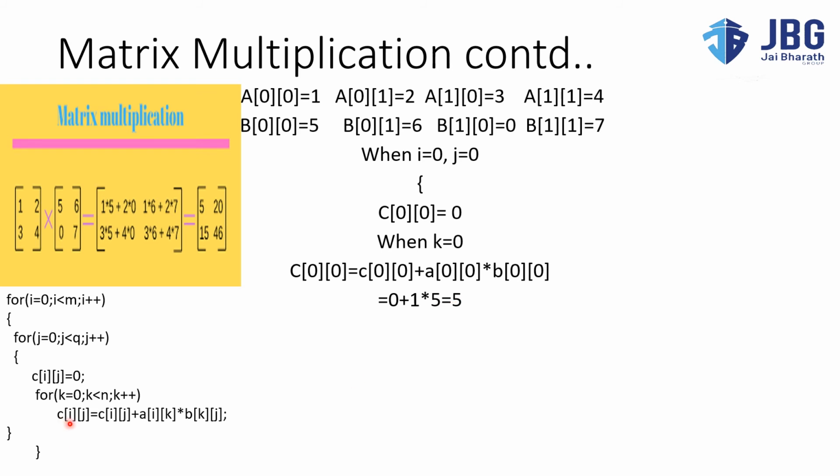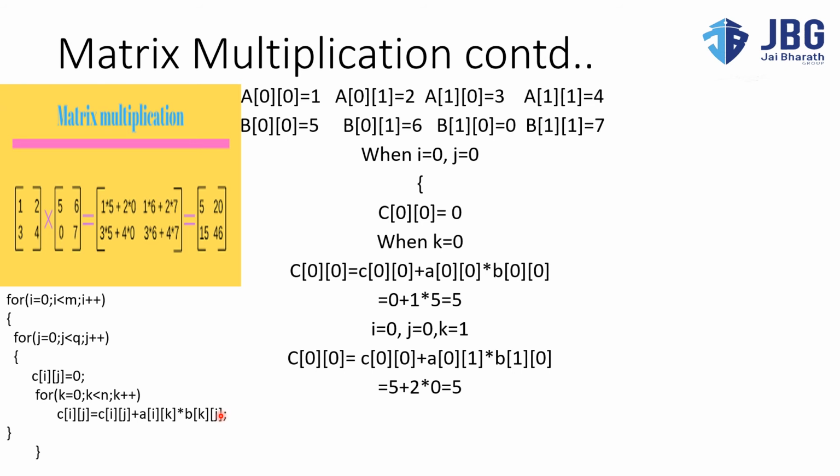Then after this statement, what will happen? K will be incremented by 1. That is i equal to 0 and j equal to 0, but k increments by 1. Now C of 0 0 equal to C of 0 0 plus A of 0 1 into B of 1 0, right? Substituting the values, C of 0 0 I have calculated here as 5.